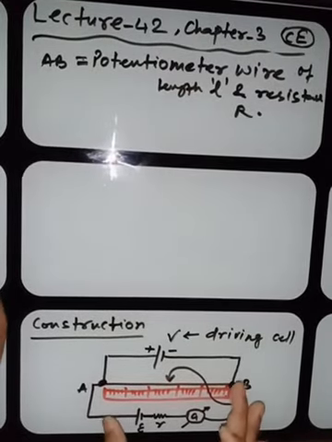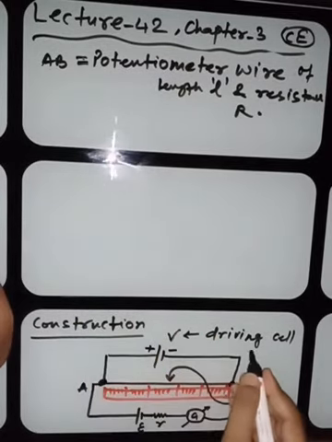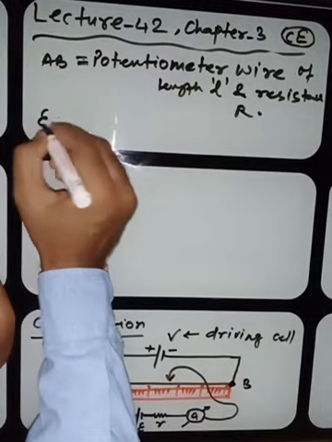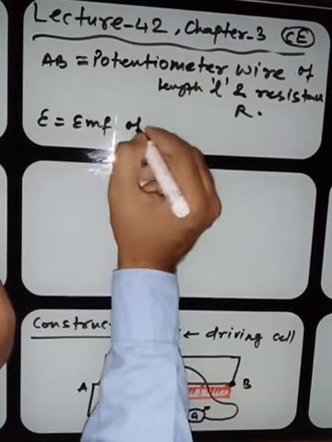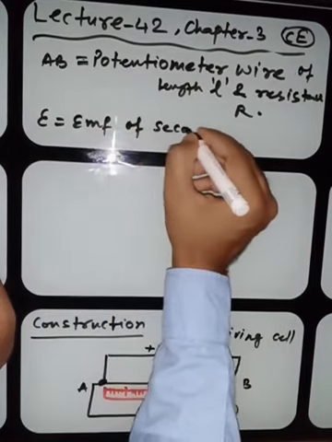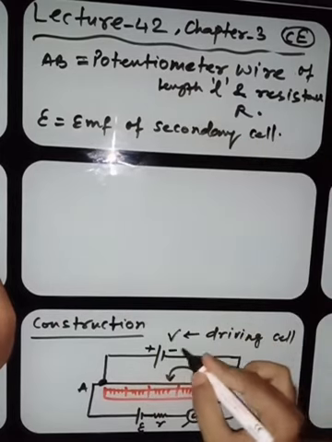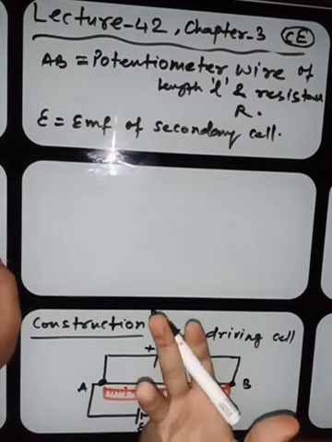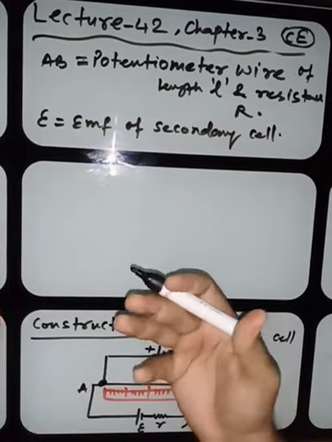Now V is the driving cell, I have written already, and this E is the EMF of the secondary cell. The primary cell as driving cell you are using might be from the battery eliminator.